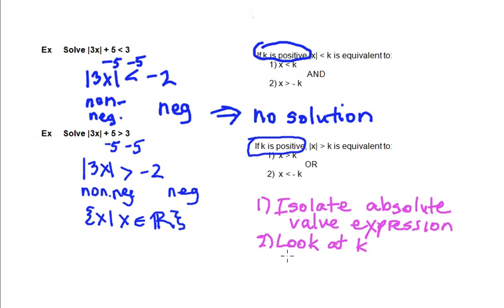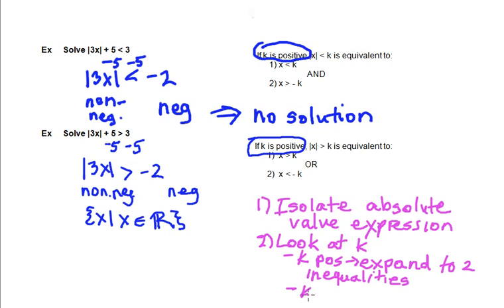And once we've determined if k is positive, we'll use the rules for expanding our inequalities that we've shown above. And if our k is negative, then we will solve it by examining and then deciding whether we have a situation where we have no solution or we have a set of all real numbers as the possible solution.